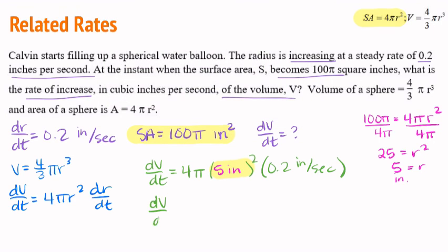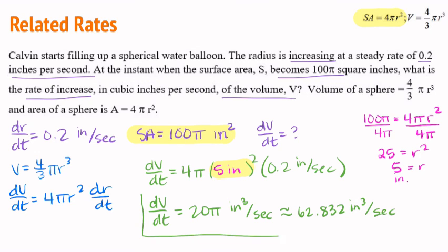So dv dt is going to be 4 times 5 times 0.2, which gives you 4 pi. 4 times 25 times 0.2 is going to give me 20. 20 pi inches cubed per second, which is going to be approximately 62.832 inches cubed per second. So that gives us the rate of change of the volume.